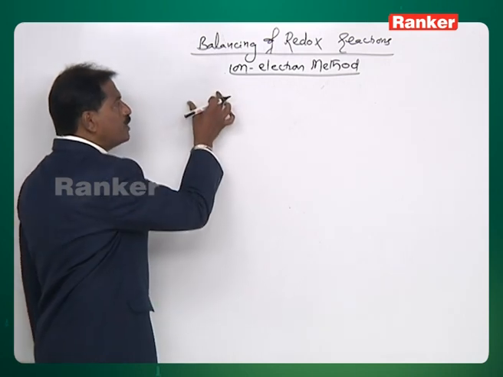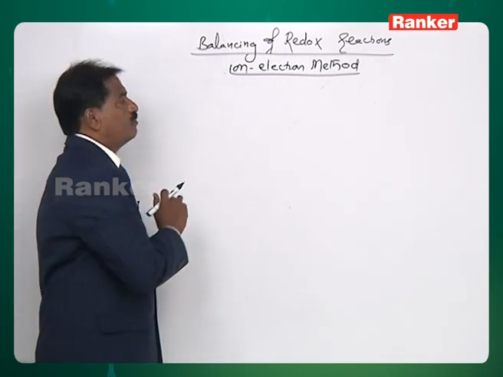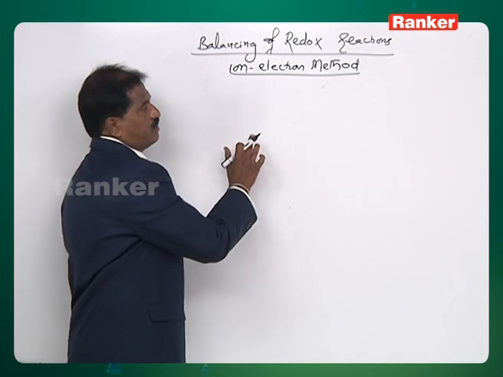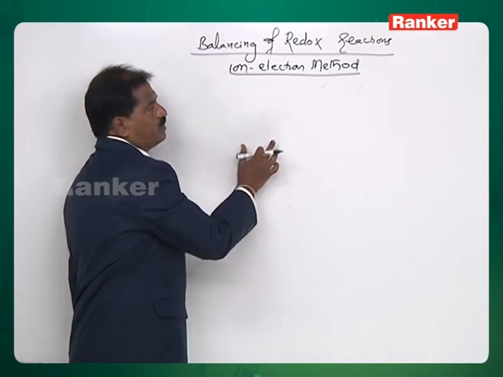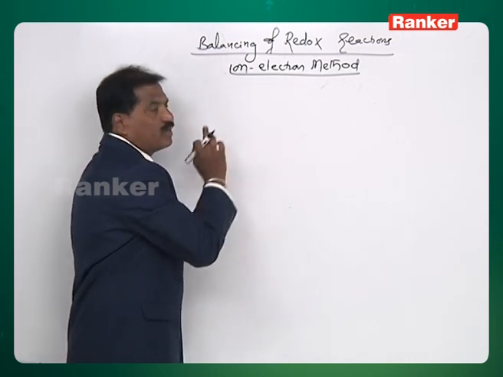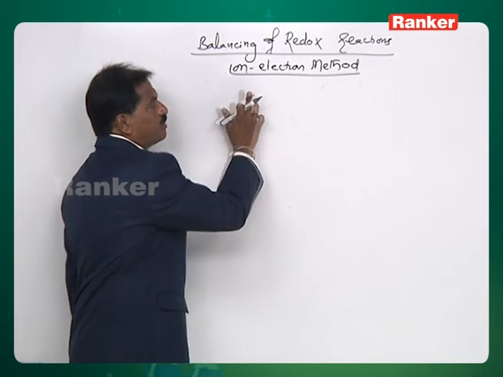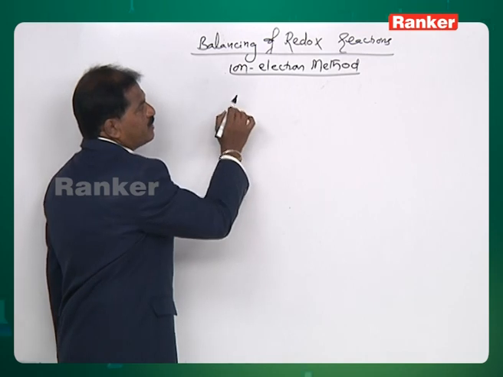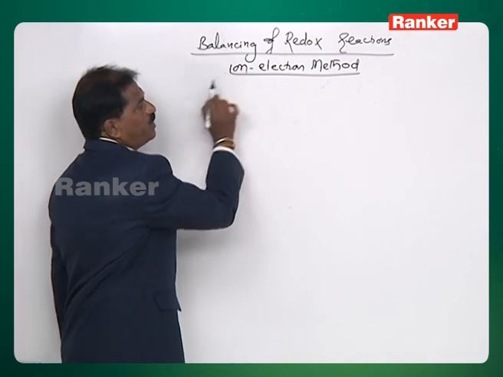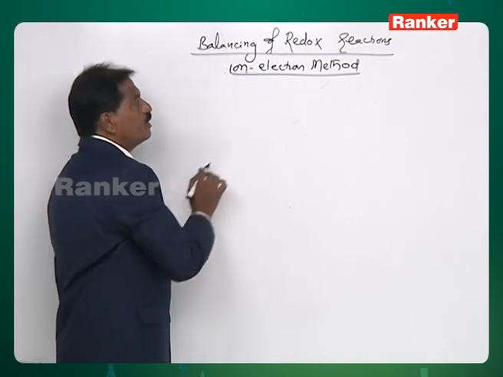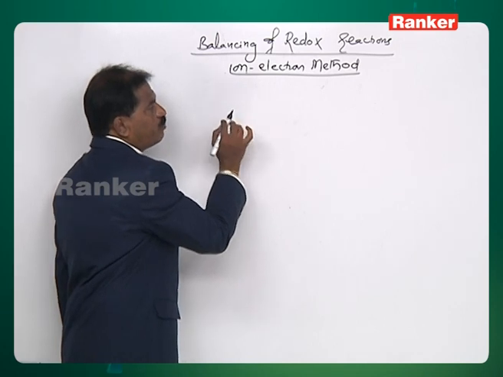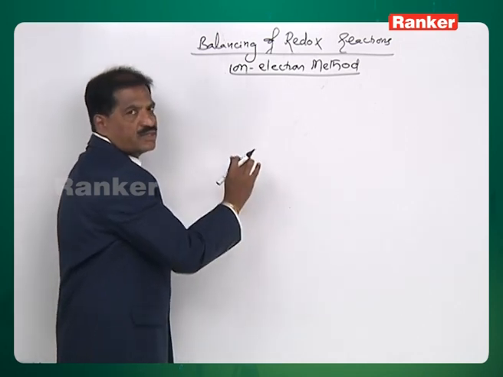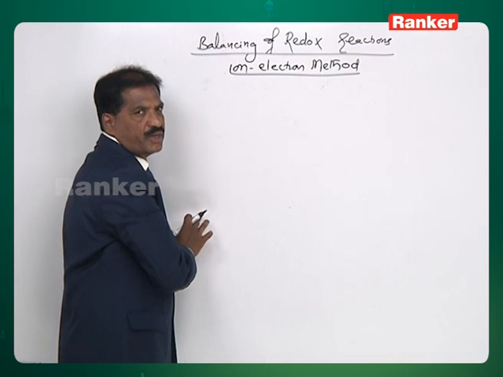When KMnO4 is used in any reaction, for balancing of the redox reactions we follow two methods: the ion-electron method and the oxidation number method. First, let us discuss the balancing through the ion-electron method. This method is commonly employed to balance the reactions in which ions participate.